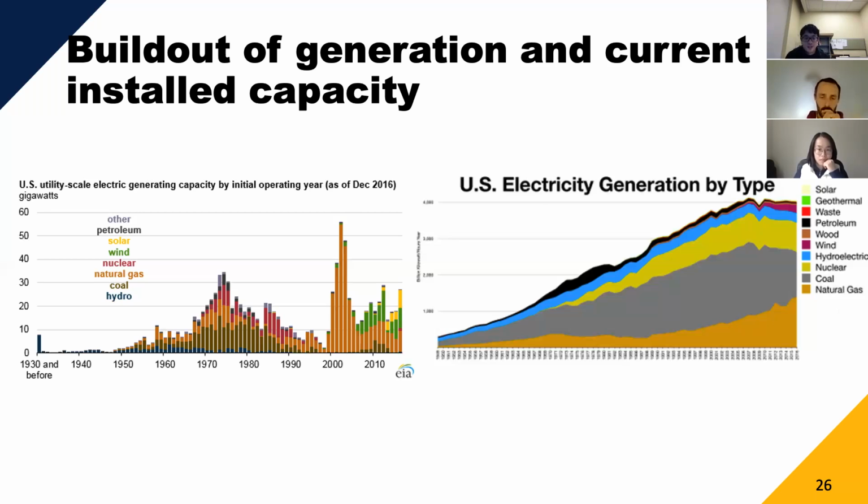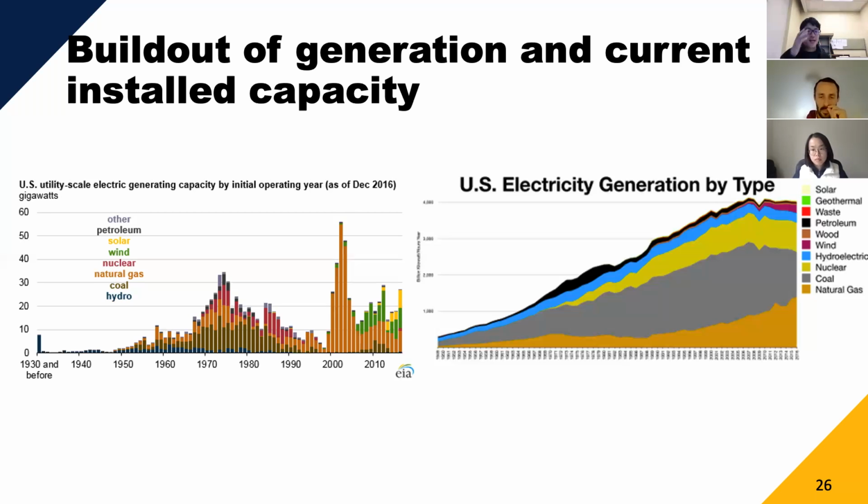And that's actually quite a good thing in terms of emissions reduction. So for the same amount of electricity production, natural gas combustion is going to get you about half the emissions that you would be getting from coal combustion for the same amount of electricity.